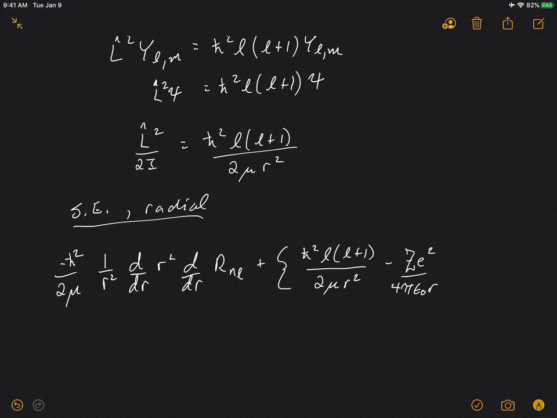So let's see, the h bar squared l times l plus 1 part, that's the kinetic energy. It represents the kinetic energy due to rotation.